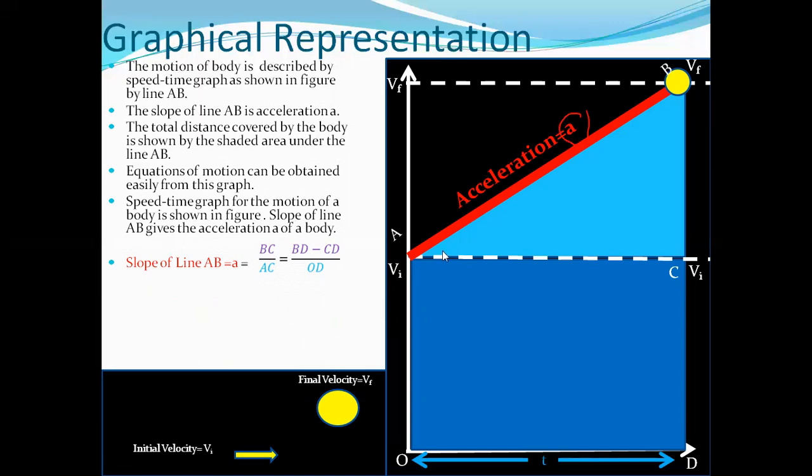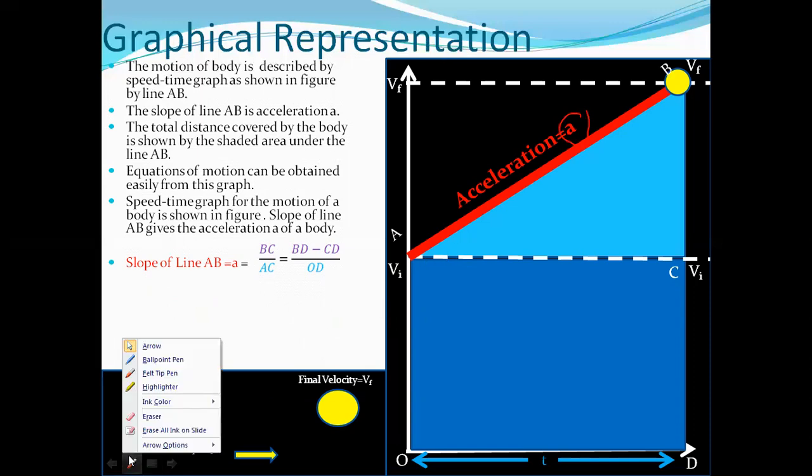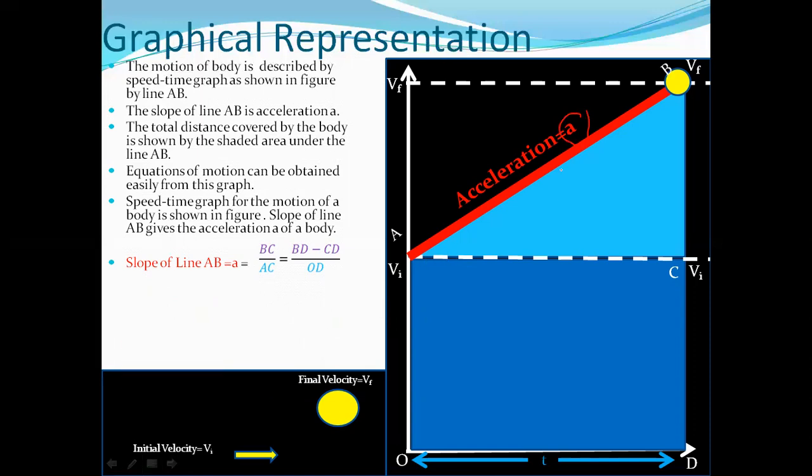Why do we say BC divided by AC? Because this is a slope, and we know that this is perpendicular and this is base. So the slope part can also be represented as tan, and tan can be represented as perpendicular over base.